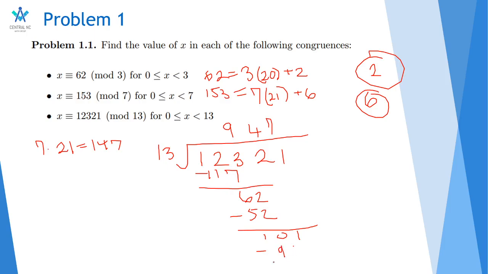So that is going to give you a remainder of 10. So that is going to be congruent to 10 modulo 13.